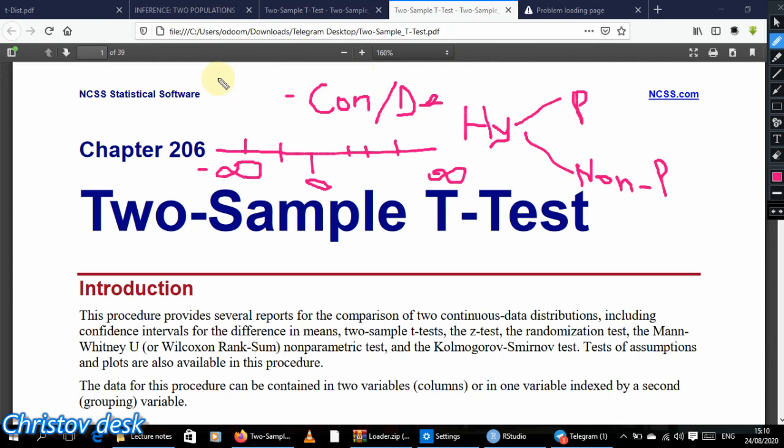Collectively, the continuous and the discrete together are called quantitative data. So when your data is quantitative, that means it is quantified, then you can go ahead and use parametric statistics, for the reason that they satisfy the assumptions for parametric statistics.